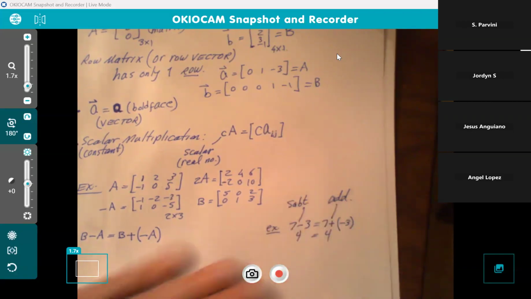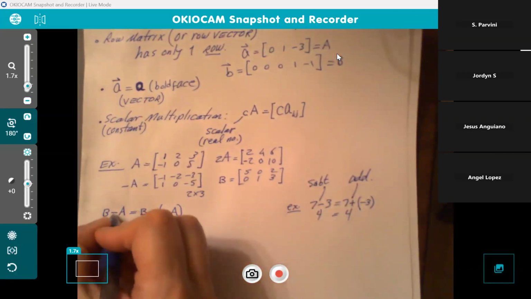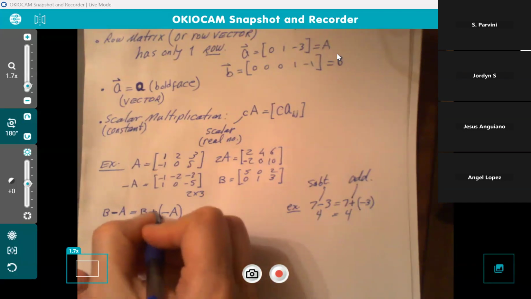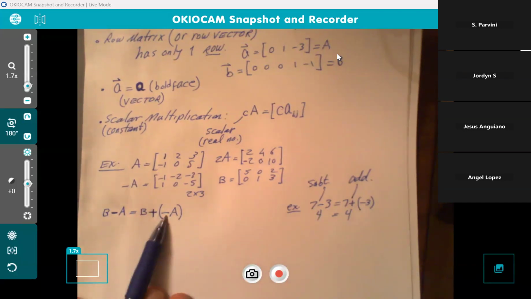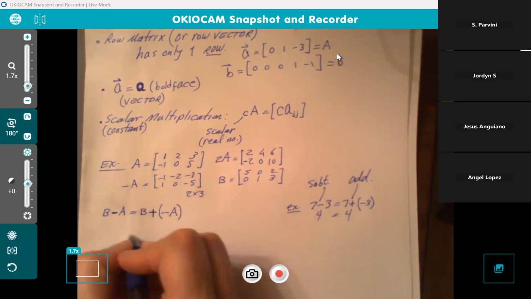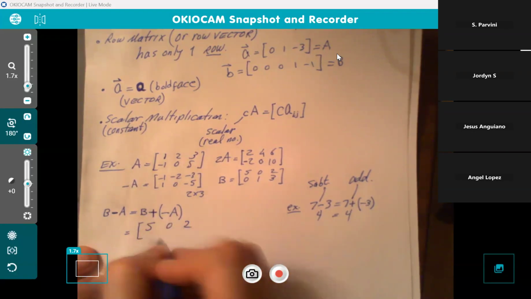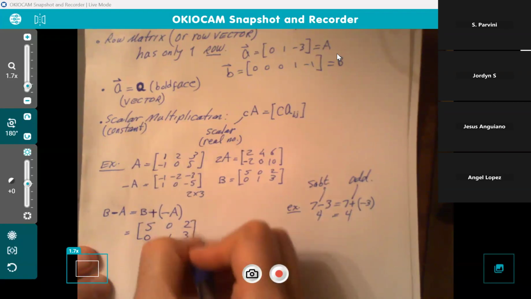So pretty much that's what I'm thinking now with the matrix. I'm subtracting. So to subtract is to add the opposite of matrix A. And now we've done the negative of matrix A. The opposite of that is this one. So that's simply going to be 5, 0, 2, 0, 1, 3.